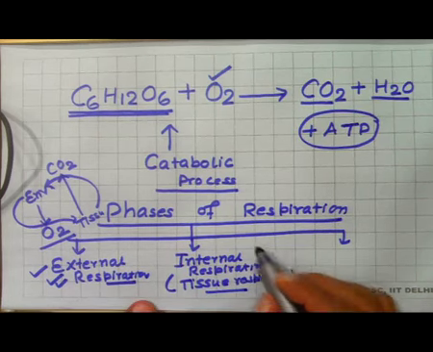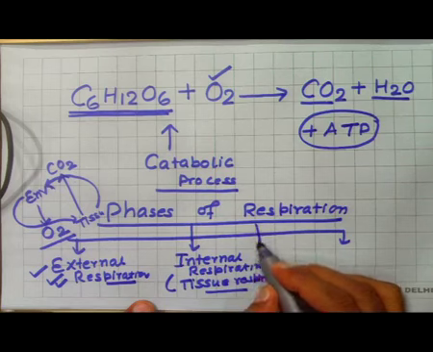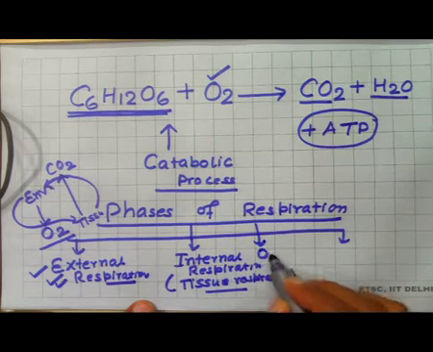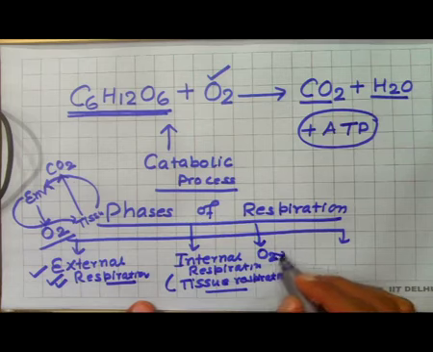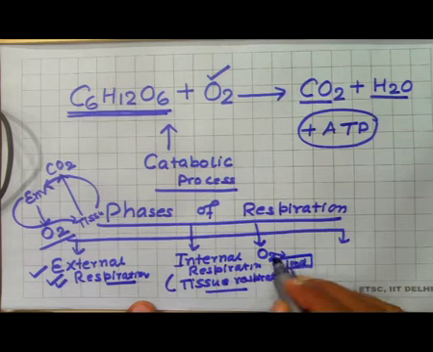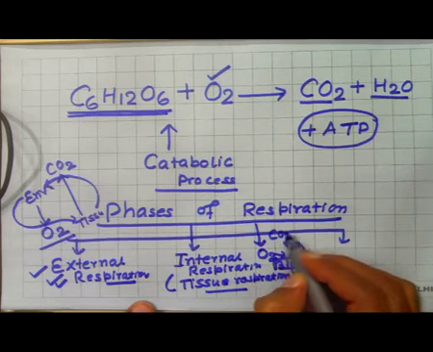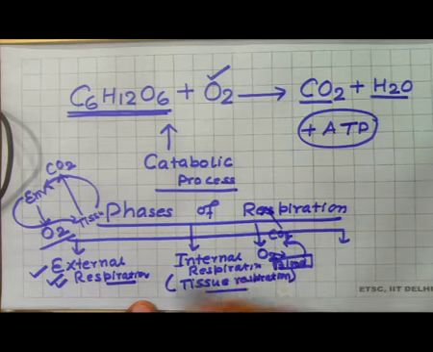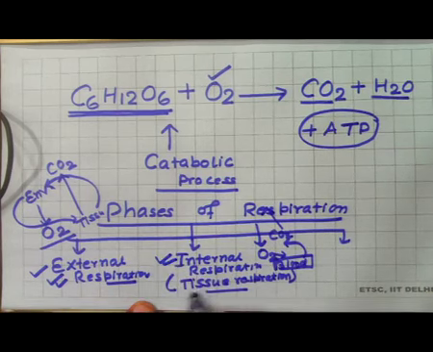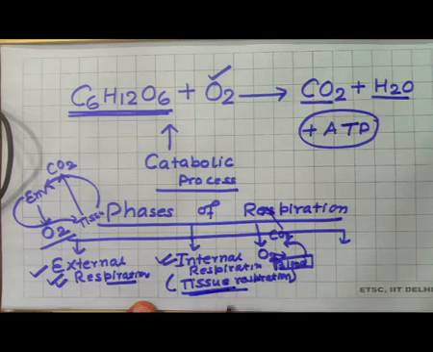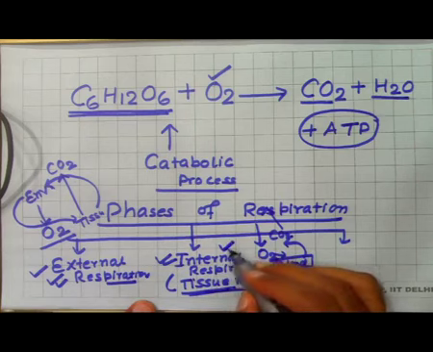It involves oxygen reaching inside the cell or the tissue from the environment, it reaches the blood, and from the blood carbon dioxide is released and goes outside. So, this type of respiration, where there is the involvement of tissue, is called internal respiration.